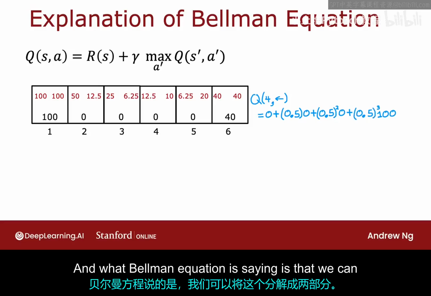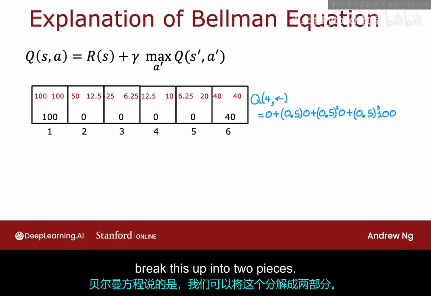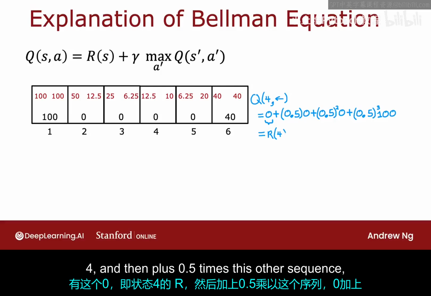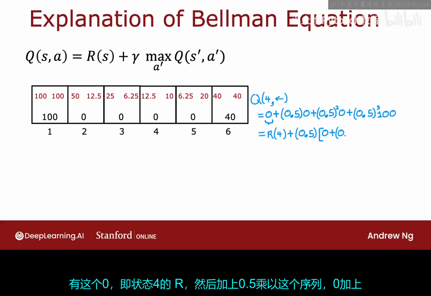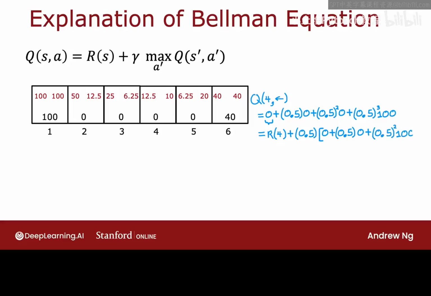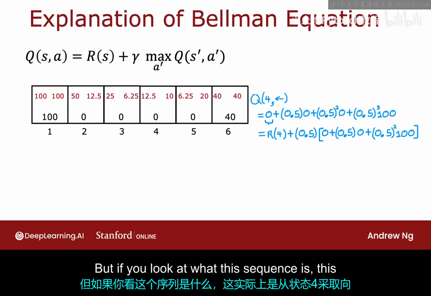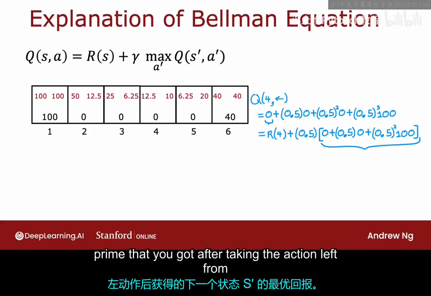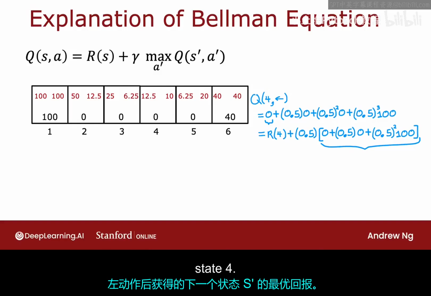And what the Bellman equation is saying is that we can break this up into two pieces. There is this 0, which is R of the state 4, and then plus 0.5 times this other sequence, 0 plus 0.5 times 0 plus 0.5 squared times 100. But if you look at what this sequence is, this is really the optimal return from the next state S prime that you got to after taking the action left from state 4.